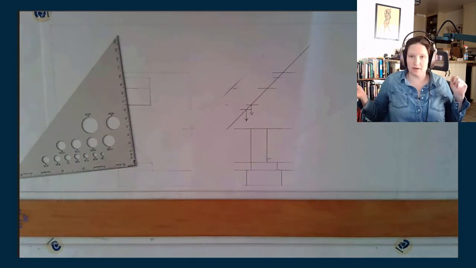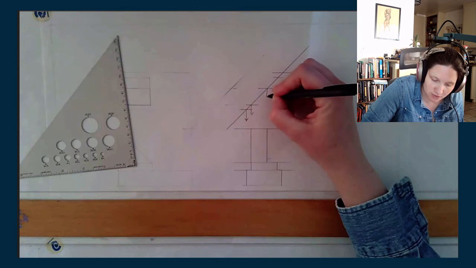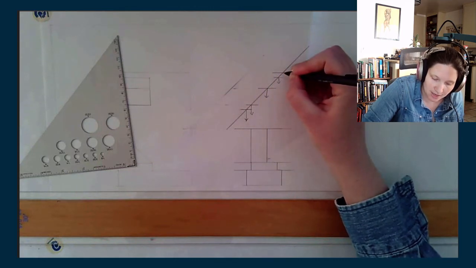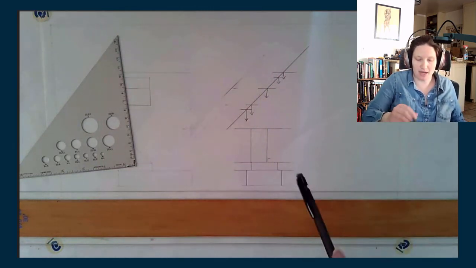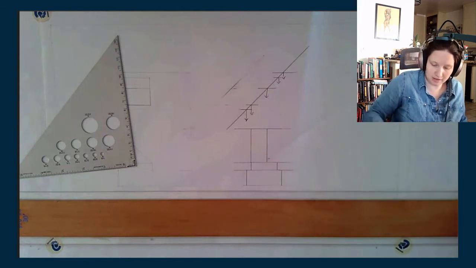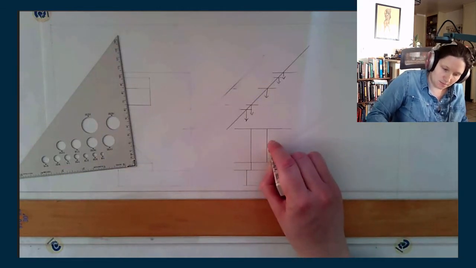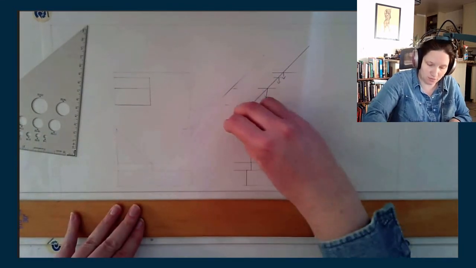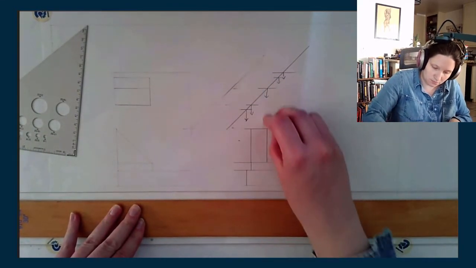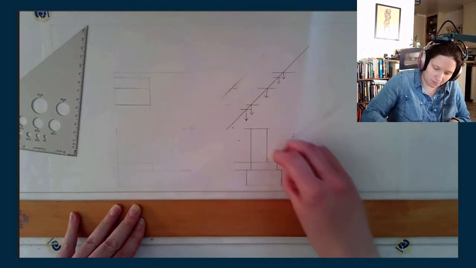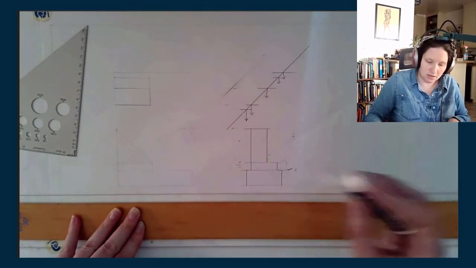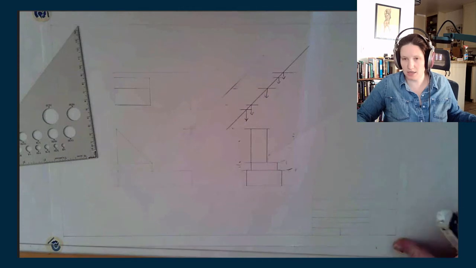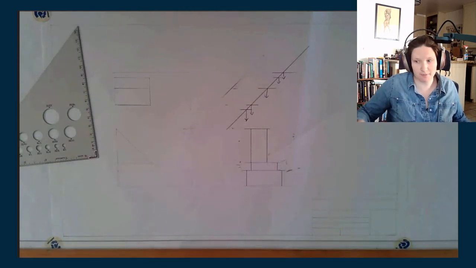Okay, do we see how I did that? So I'm taking each of these, bringing them down, and now I magically have exactly these measurements transferred over into the side view. And I can erase all of my outside lines, do some drawing labels and dimensions, and that's the ball game, okay?